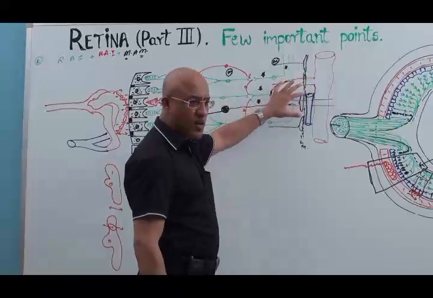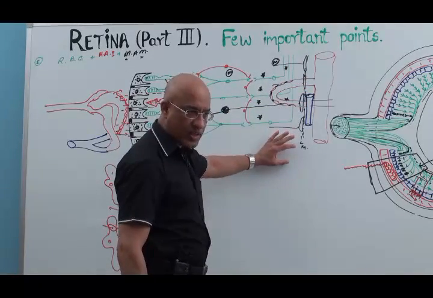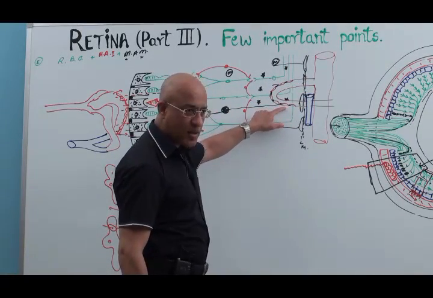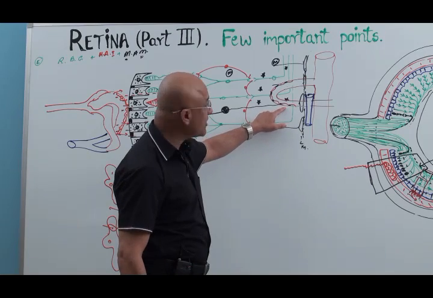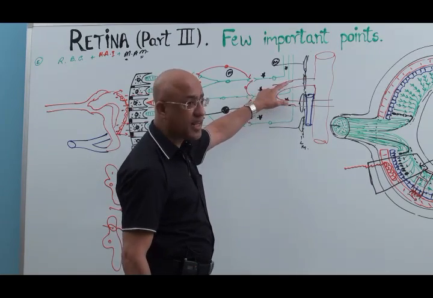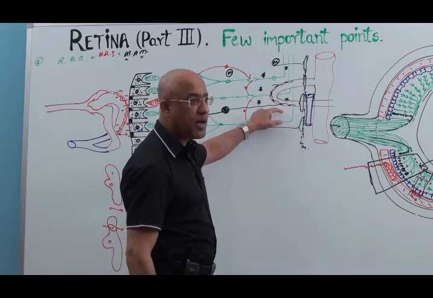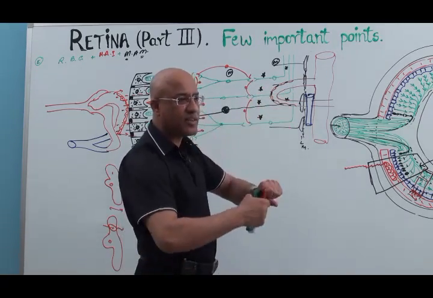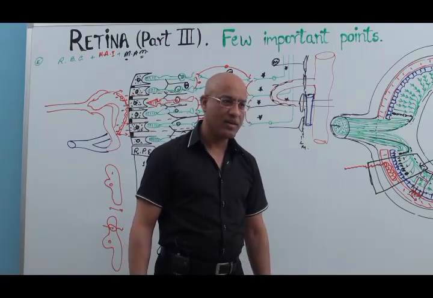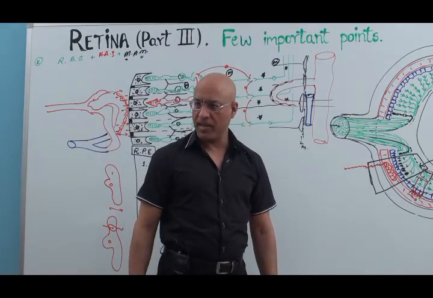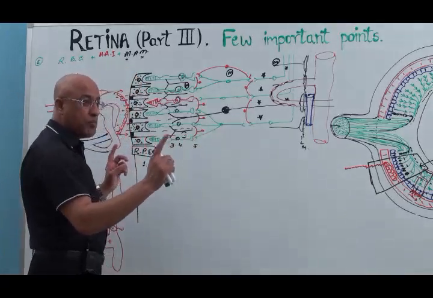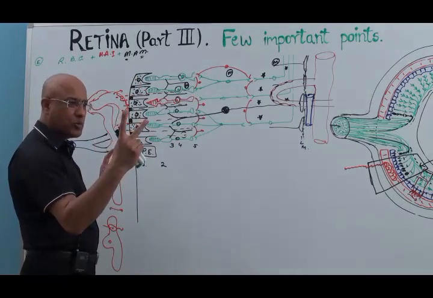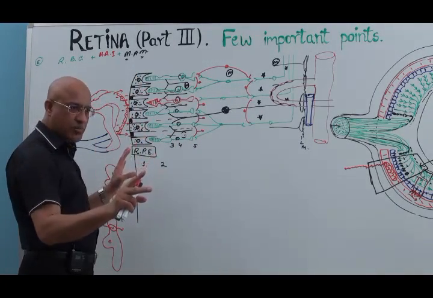The inner retinal vascular circulation has its own blood retinal barrier, and that is by the endothelial cells which are not fenestrated and have no interendothelial gaps, as they are held together tightly by the tight junctions. Am I clear? So how many blood retinal barriers are there? 2. Is that right? Any question up to this?